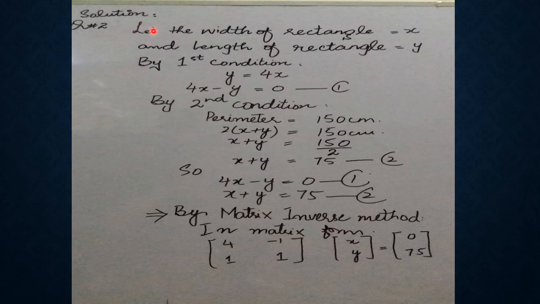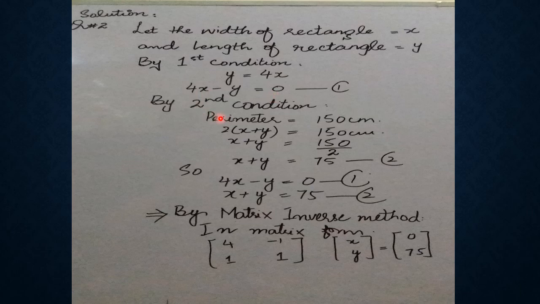Now move on to the solution. Let the width of the rectangle be x and the length of the rectangle be y. First statement: y is equal to 4x. According to the condition, 4 times the width equals its length. So 4x minus y is equal to 0.